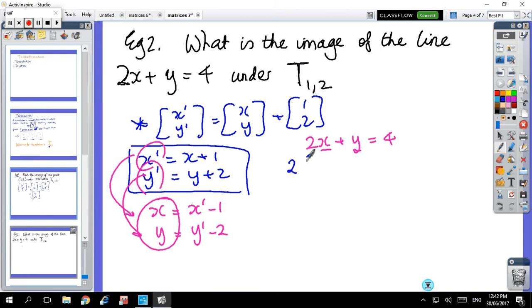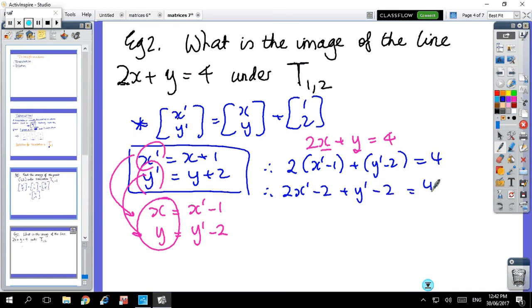So we've got 2 times (x dash minus 1) plus (y dash minus 2) equals 4, and then we just tidy up. So 2x dash minus 2 plus y dash minus 2 equals 4. So 2x dash plus y dash minus 4 equals 4.